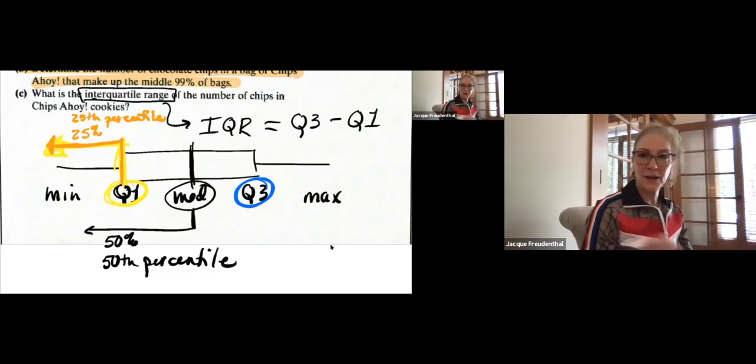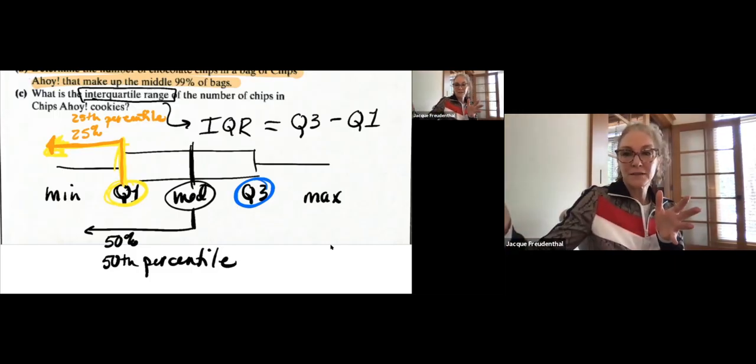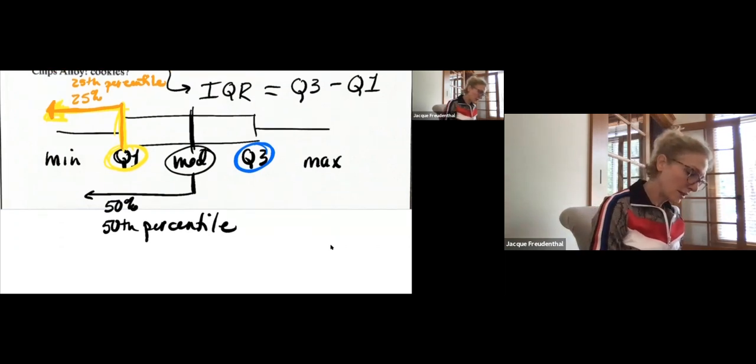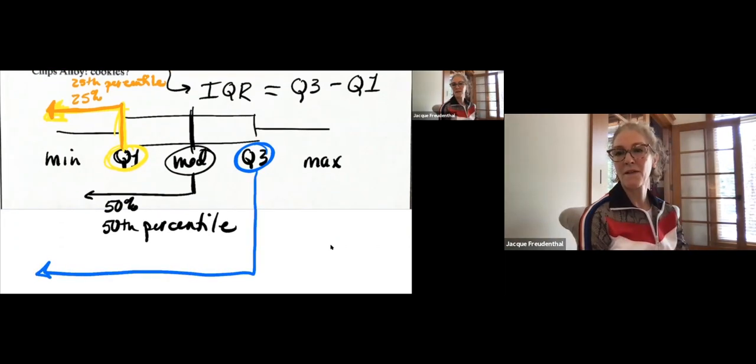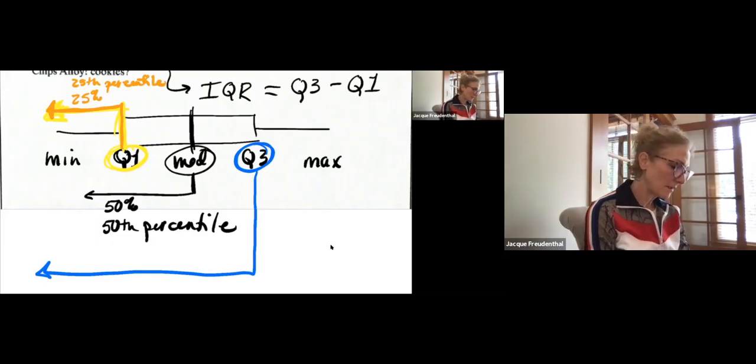So doesn't it separate the top half? So how much of the data is to the left of that? So the median is 50% because it's right in the middle. So 50% of the data is to the left. The first quartile, there's 25% of the data to the left.